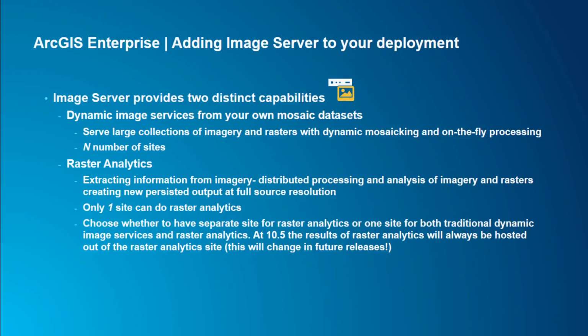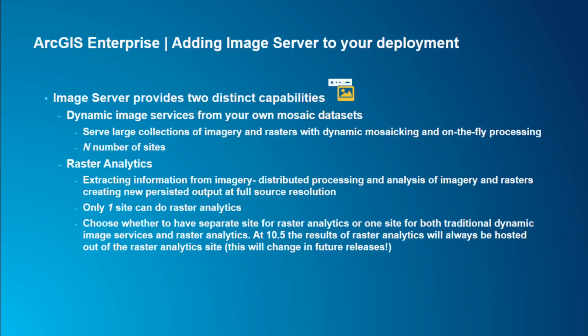New at 10.5 is raster analytics, which you also saw demonstrated on Tuesday during the plenary. Vinay showed how we could process massive amounts of pixels through large collections or simply high resolution or large geographies. This is about performing that analysis at source resolution, not just the display resolution of a client coming in, but at source resolution and then persisting the results on disk.